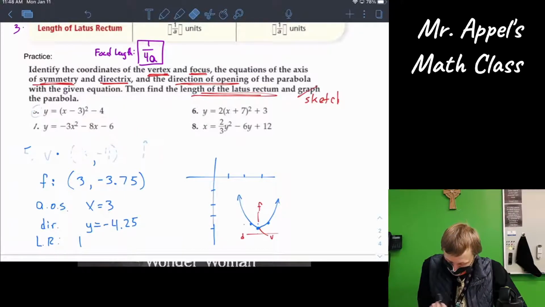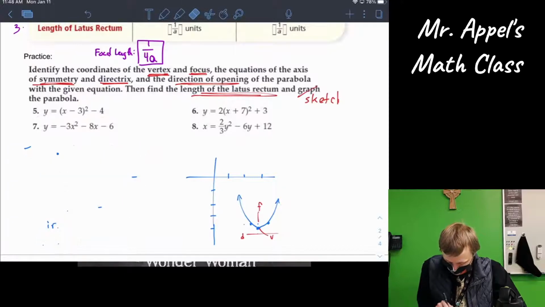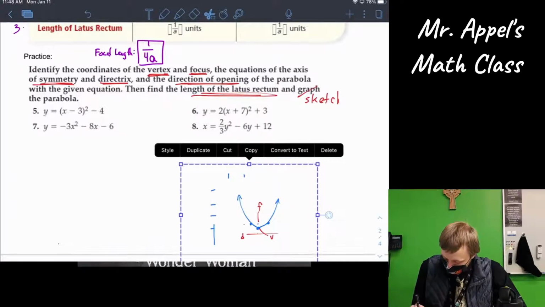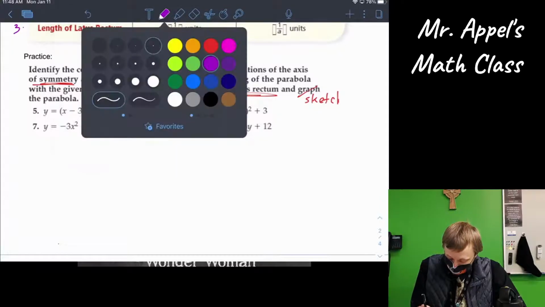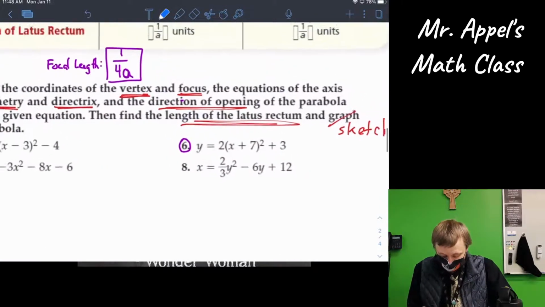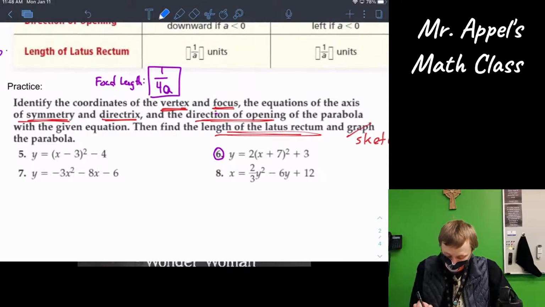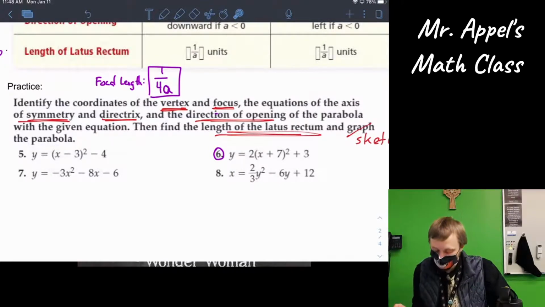We'll clear this out. Yeah, this will be faster. There we go. Let's do number 6. Back to blue here. All right, we want to identify the coordinates of the vertex and focus.